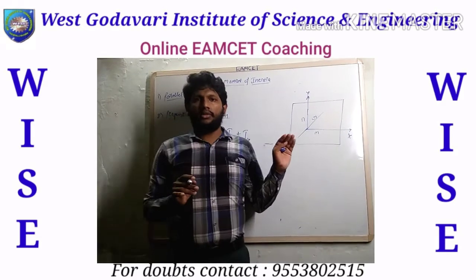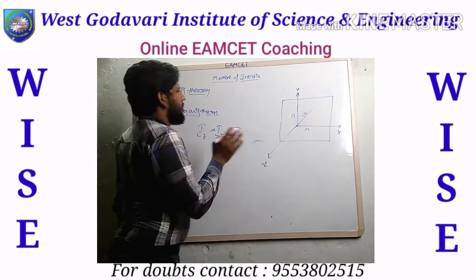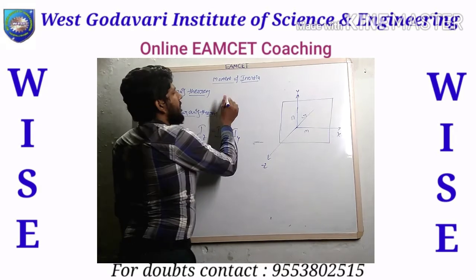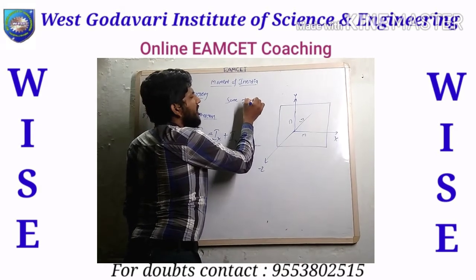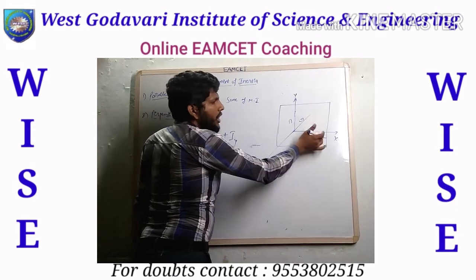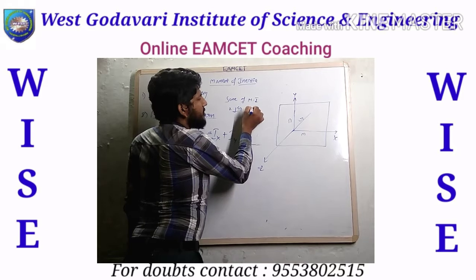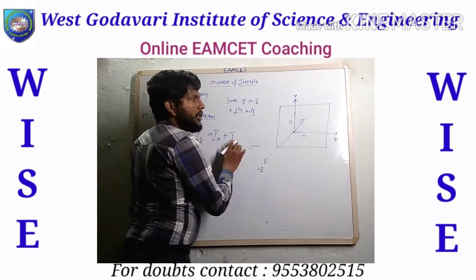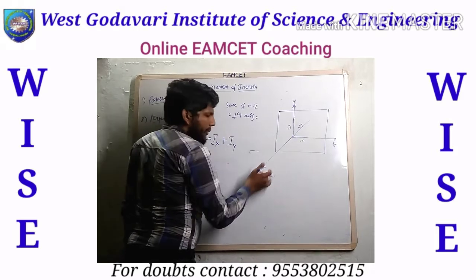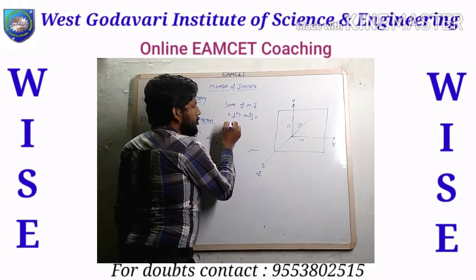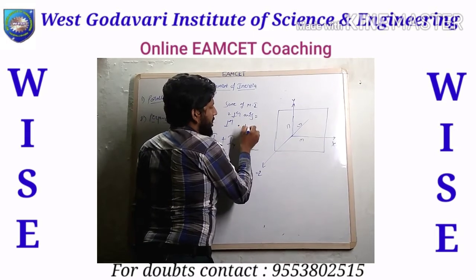This is what the definition. Simply I will write in some words, not exact definition, so you can remember it easily. The total sum of moment of inertia of two perpendicular axes, that is these two axes x and y, is equal to another perpendicular axis which is passing through the corner point of the two perpendicular axes.